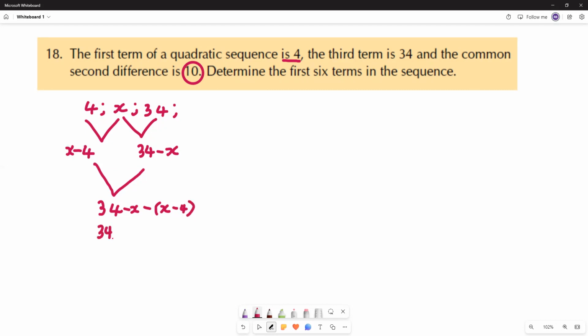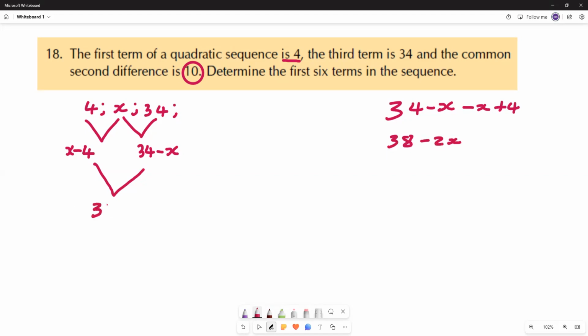Obviously, you'll be using a pencil here, simplifying, and then you'll write whatever the answer is. I usually do it on the side. So 34 minus x plus 4, I'm distributing the negative in here. Now, what does that simplify to? It's going to be 38 minus 2x.